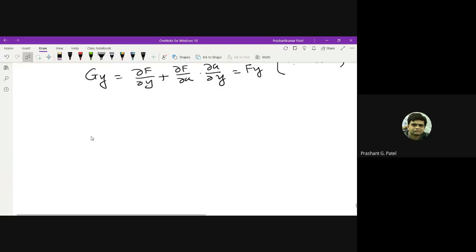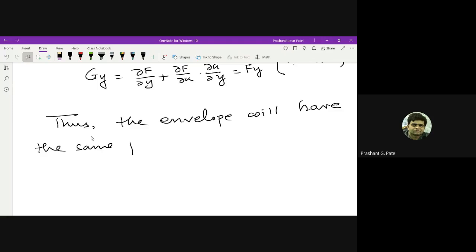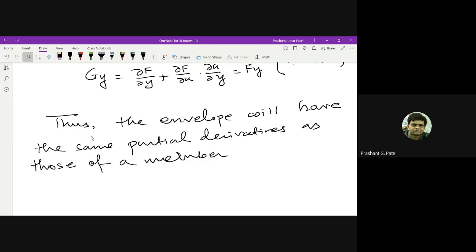Thus the envelope will have the same partial derivatives as those of a member of the family.